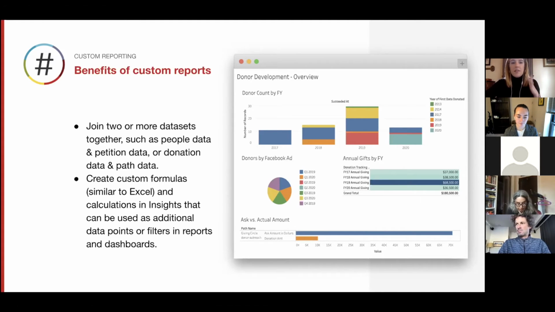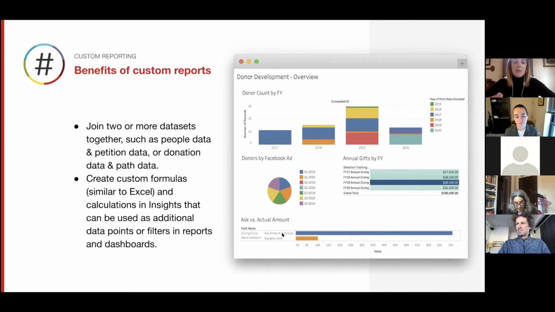So I'm tracking the amount that I'm asking my annual donors for in the path value and comparing it to the actual transactions that I'm putting in NationBuilder. That's not something you can do in NationBuilder. You cannot aggregate a path value and compare it to the donations you've received in the goals section of NationBuilder. So you have the ability to tie that together.